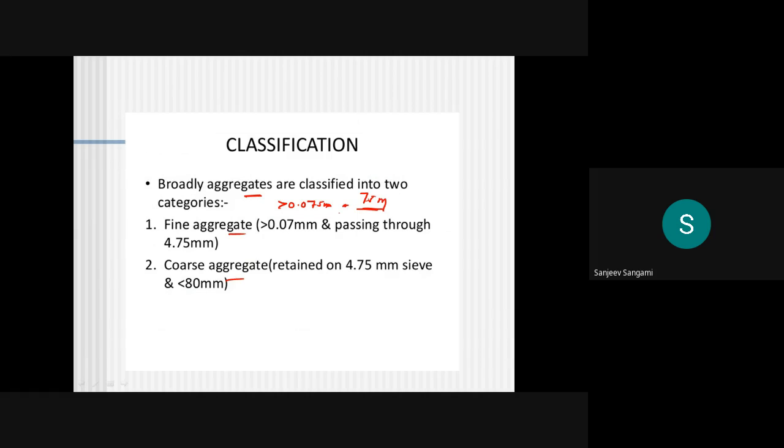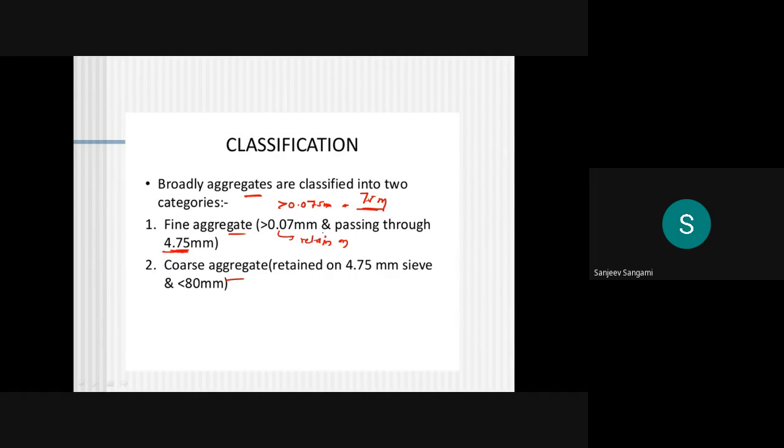So above 75 micron and passing through 4.75 mm, or you can say retained on 75 micron and passing through 4.75 mm. Normally we call that a fine aggregate.